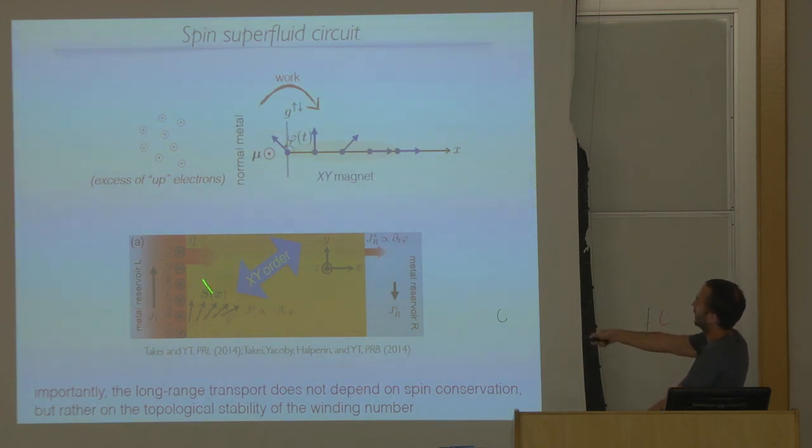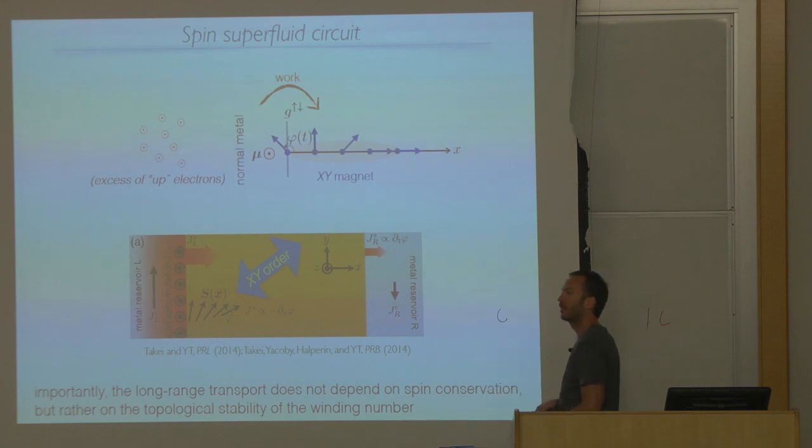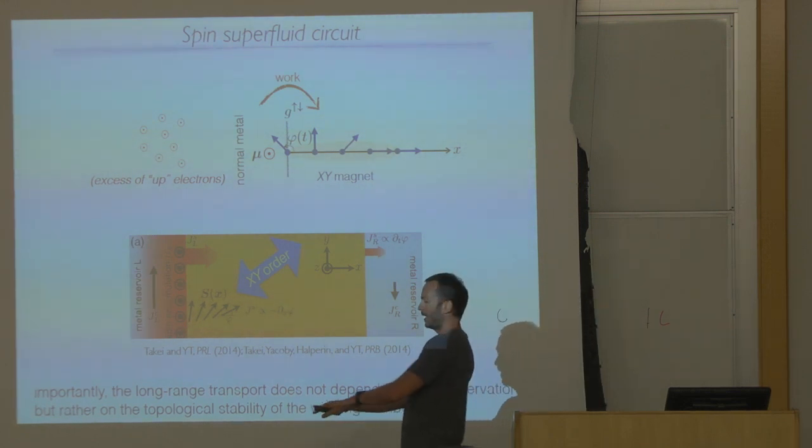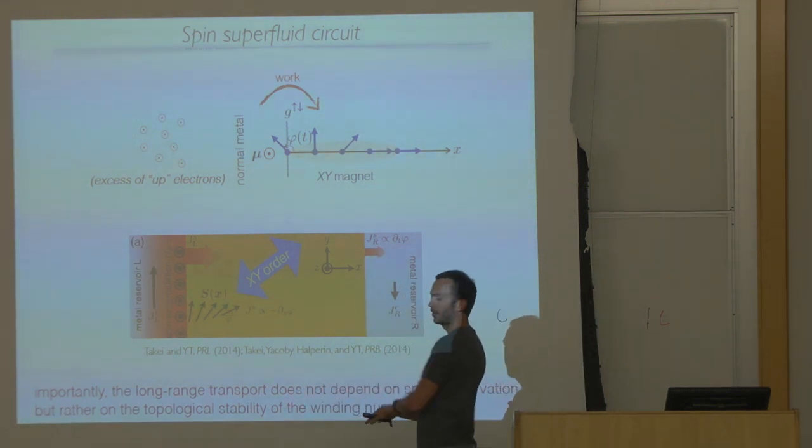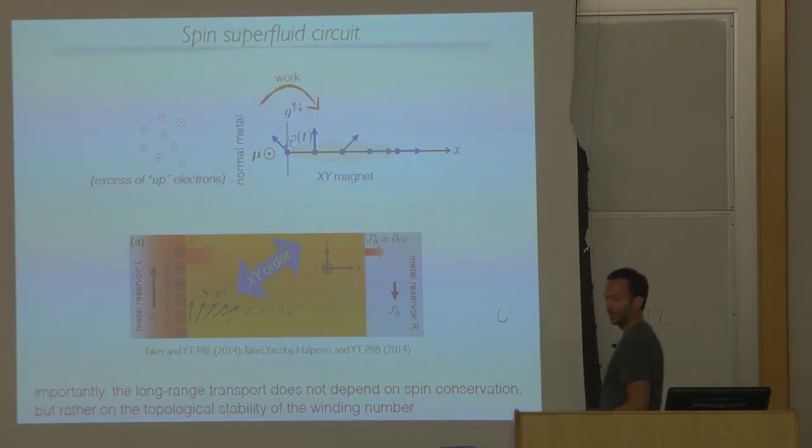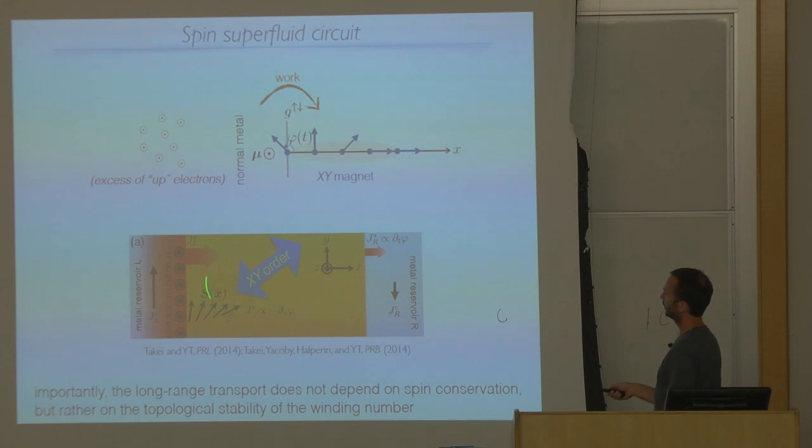So I have an XY magnet. Any XY order parameter, some easy-plane ferromagnet, antiferromagnet, or some kind of planar spiral helical order would be a good candidate material, insulating.